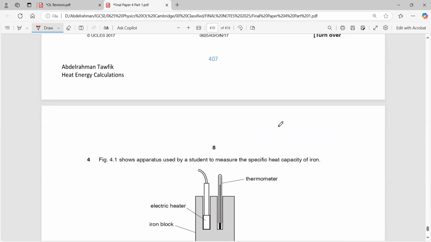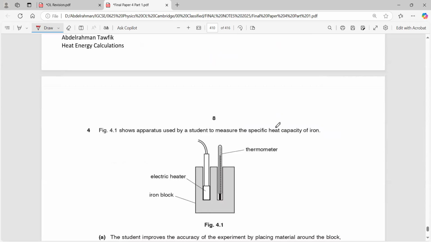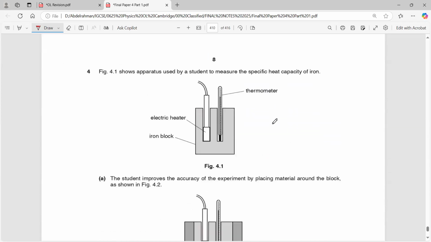I was saying specific heat capacity in this lesson, but if a question asks you to find the heat capacity or thermal capacity alone, or latent heat of fusion, these are all cancelled.